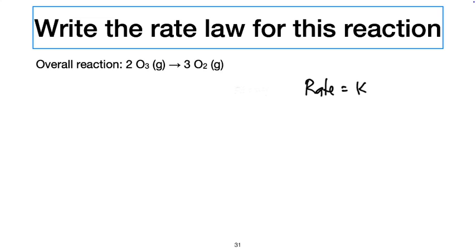K, good. That's supposed to be a lowercase k, which will be relevant later on in the semester. Concentration of ozone, our reactant. And then how important was it? Was it a first order reaction, second order, third order?